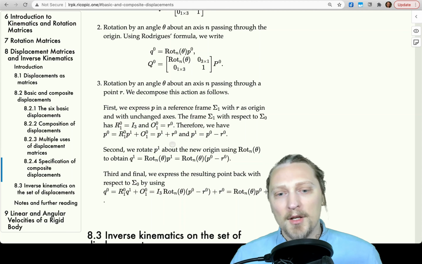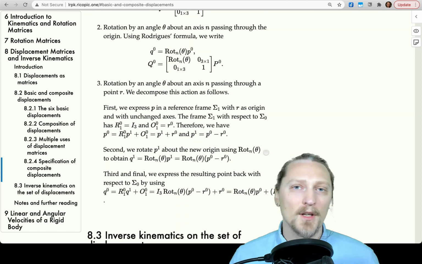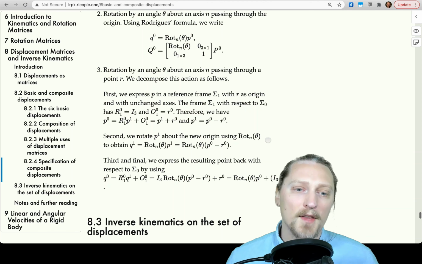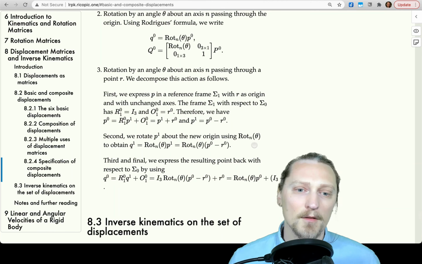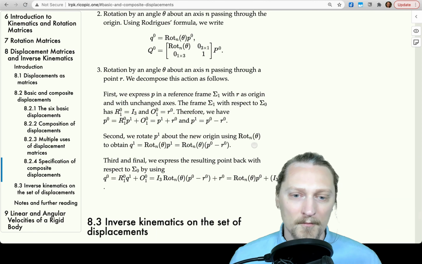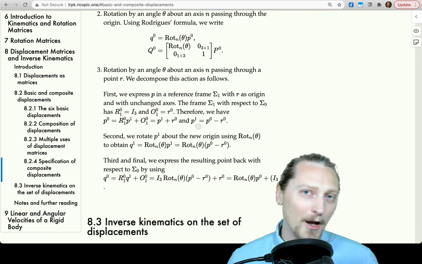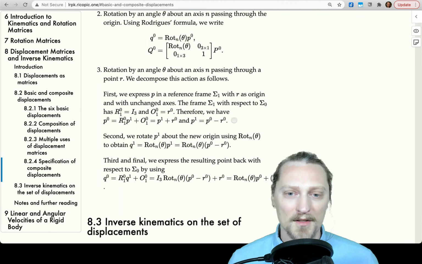Second, we rotate P1 about the new origin using the rotation about n of theta to obtain Q1, which is just the rotated version of P1, rotating theta about n, and we can substitute in our previous result that P1 is just this expression to leave us here.